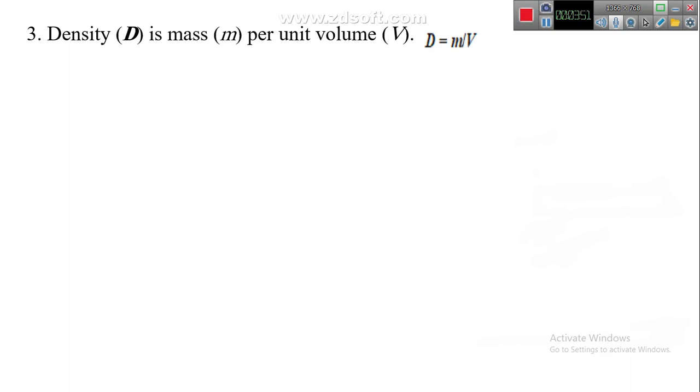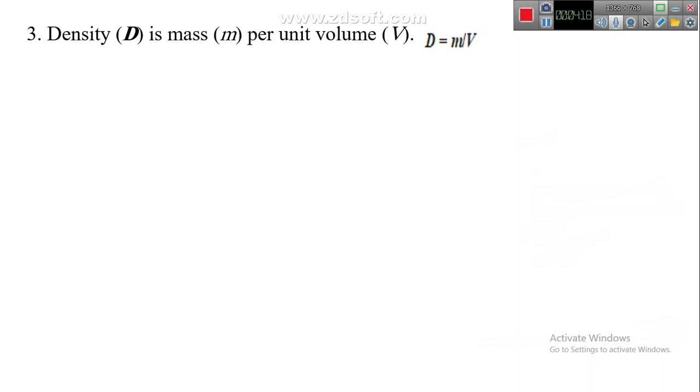You can see that m over V appears in the equation in the previous slide. m over V is equal to D, density.